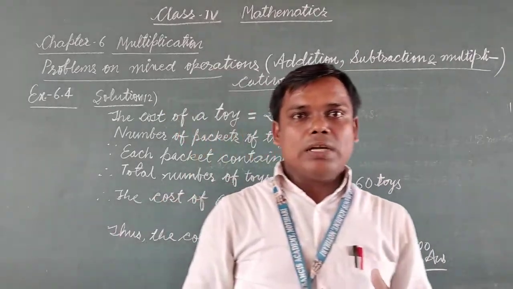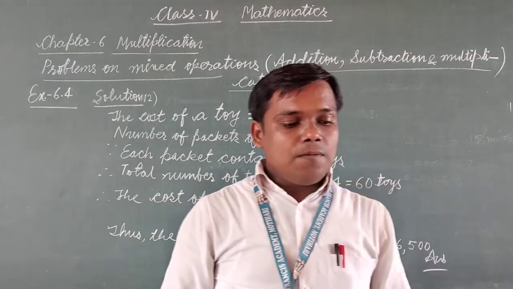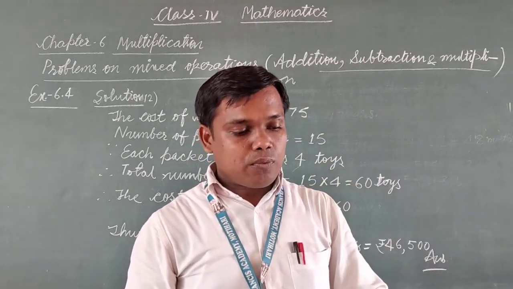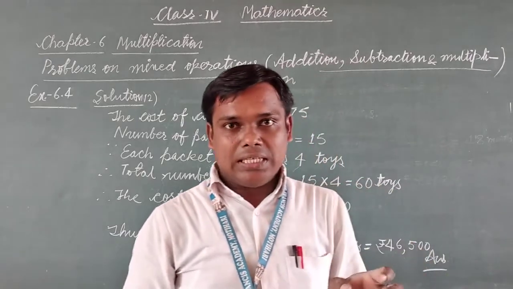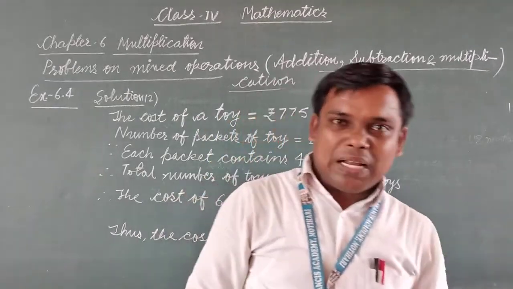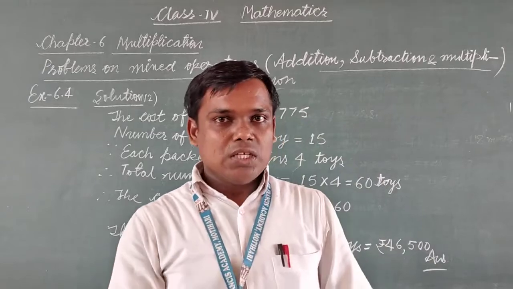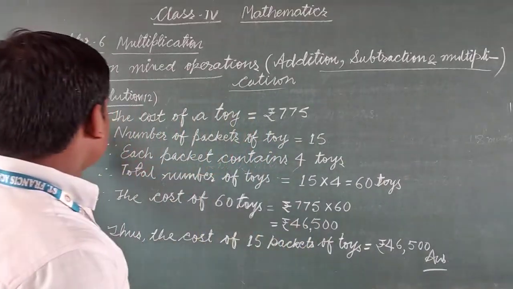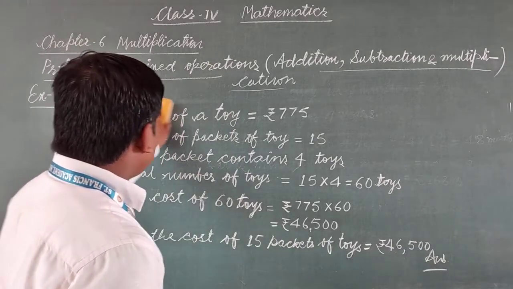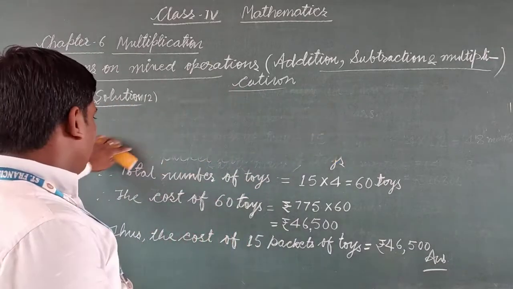And we have to calculate the price of 5 kg of apples and 12 kg of potatoes all together, means total cost of the apples and potatoes. So let us see how to solve this kind of problem.